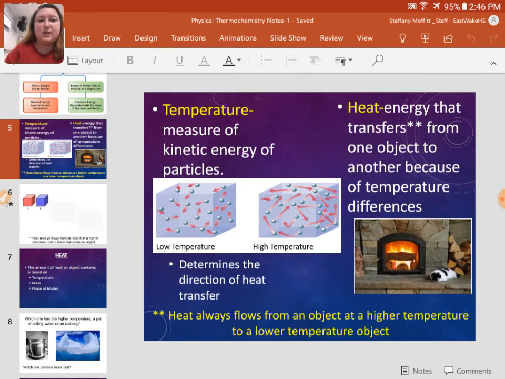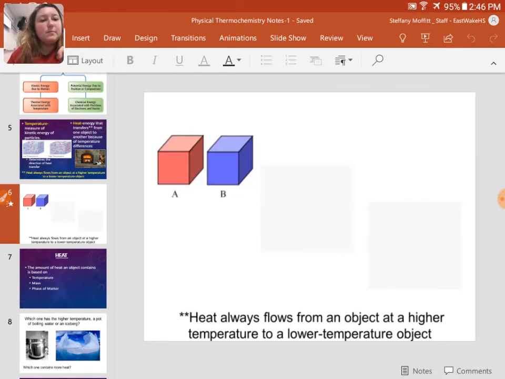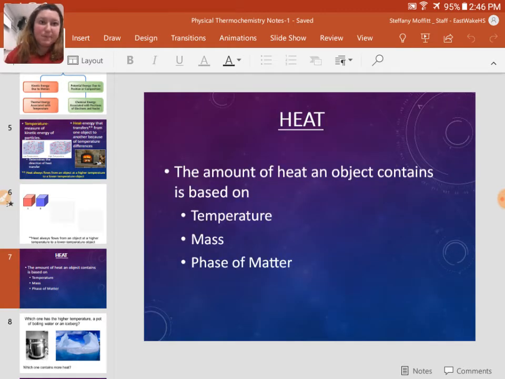So we can also see here temperature is that measure of kinetic energy, the moving energy. At low temperature, they're not going as fast, and at higher temperature, they're going much faster. So faster rate, higher temperature. Heat is going to move from an object that is hotter to a lower temperature object, making it warmer in a perceived way. The amount of heat an object contains is based on temperature, mass, and the phase of that matter.